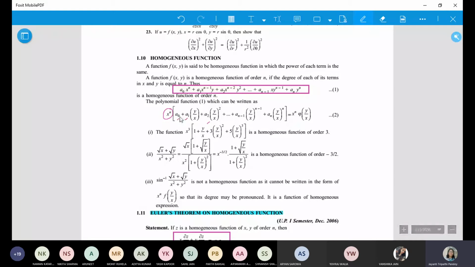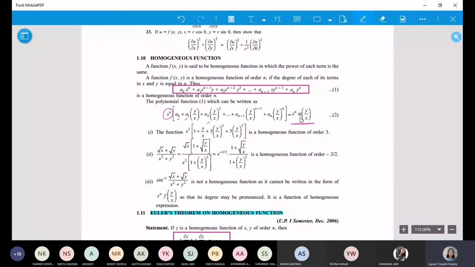So what is happening? This is a function of y by x. Do you accept it? Do you realize? So you can always write a homogeneous function in this form.